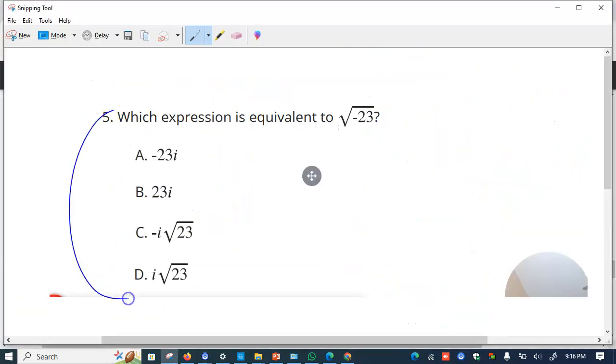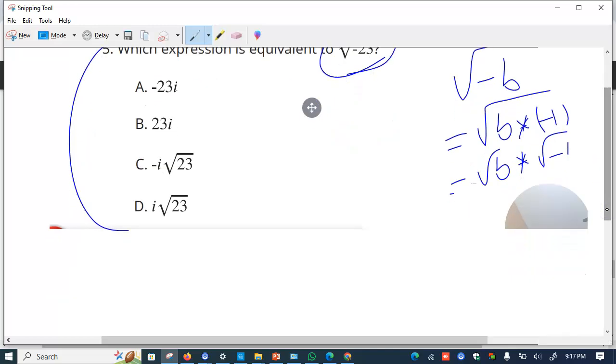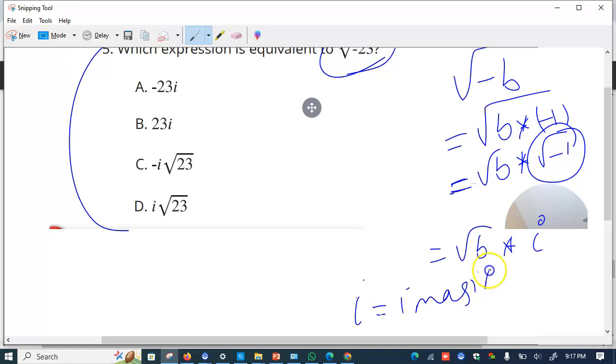So remember this square root of, if you have negative b, this is b times -1, which is square root of b times square root of -1. And by definition, when the imaginary unit was created, this square root of -1 was given a letter I. I stands for imaginary, the first letter of the imaginary number.